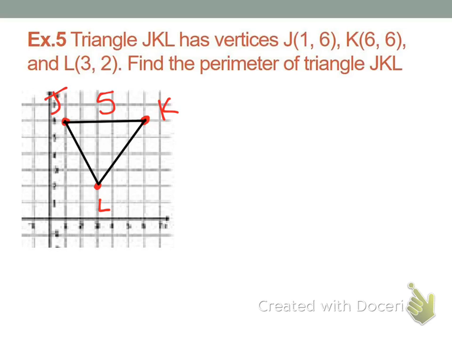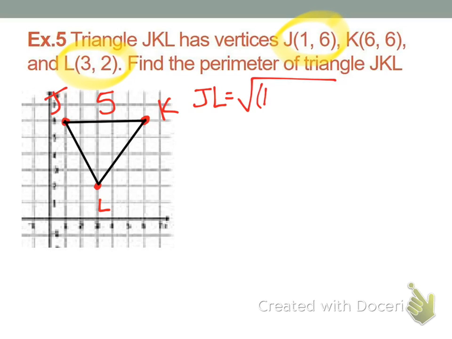JL. Okay. I would label it as you're doing it so you know which points you're using. You're using points J and L. If you even want to circle them lightly so that you're focusing on the right points, you could do that. So to find JL, I need my x's.